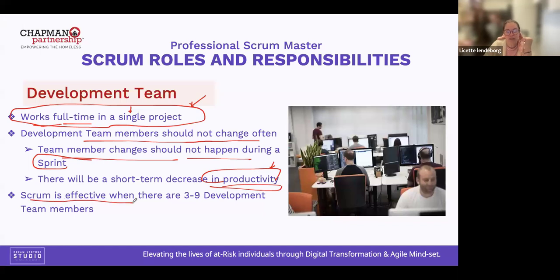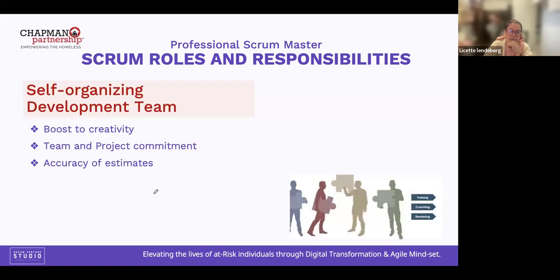Scrum is effective when there are 3 to 9 development team members. 3 to 9, no more than that. The self-organizing idea is so cool and so agile because it boosts creativity, team and project commitment, and also accuracy of estimates.